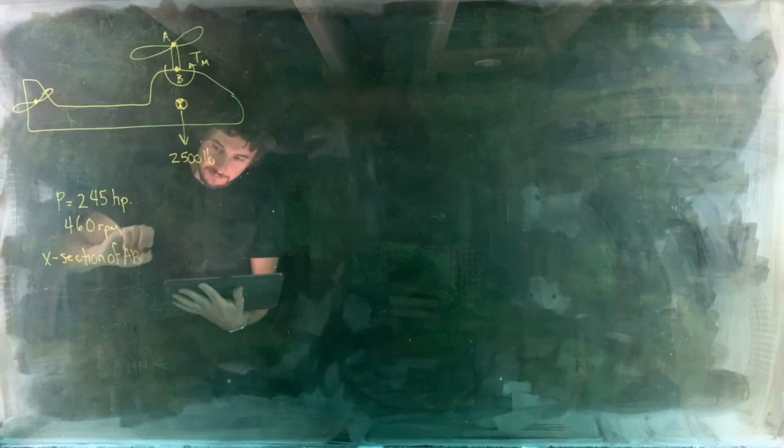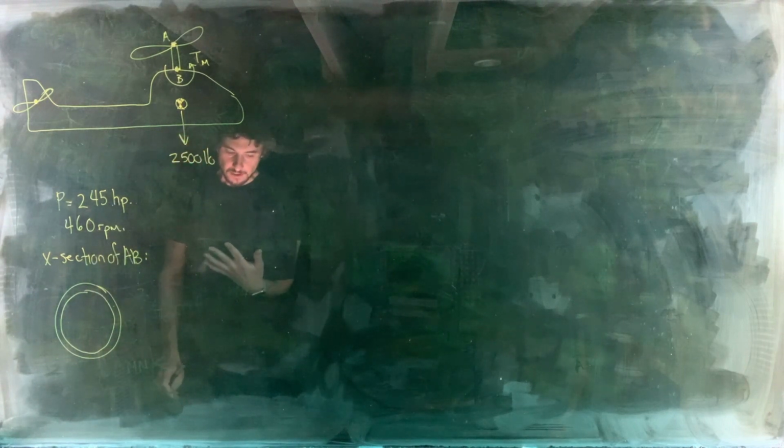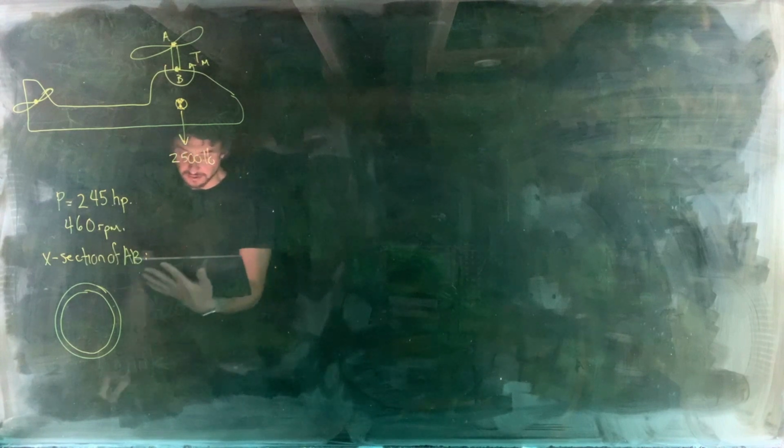So the cross section of shaft AB looks like this. It is going to be a tube because we know that tubes are very good at resisting torques in a way that doesn't introduce excess weight, because most of the shear stress due to a torque is at the outside.